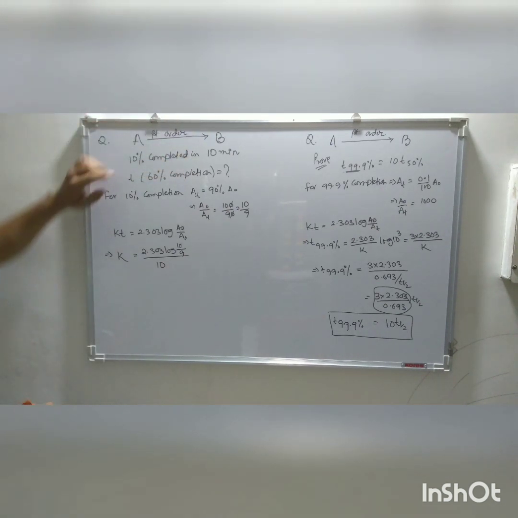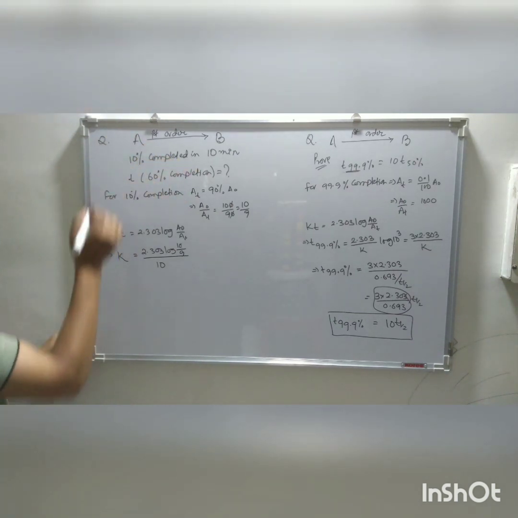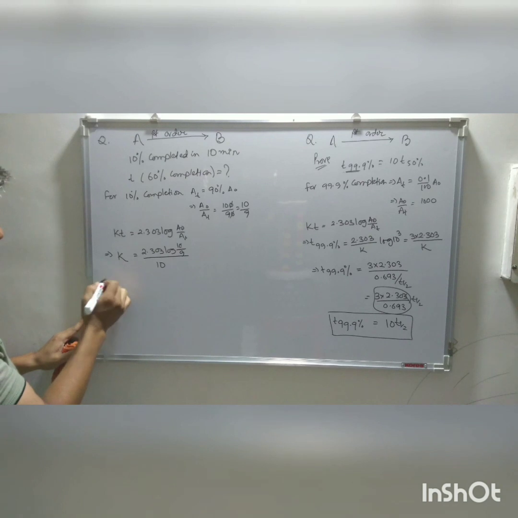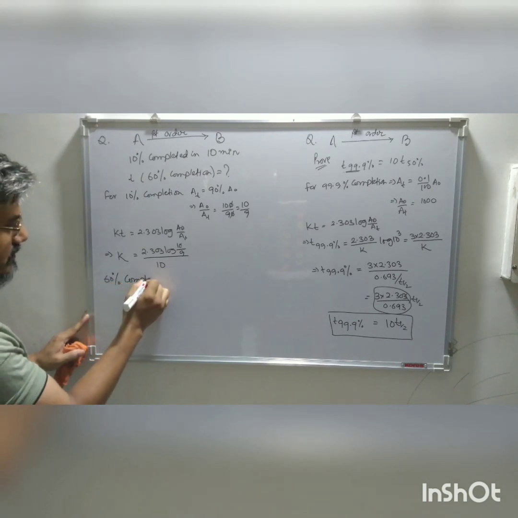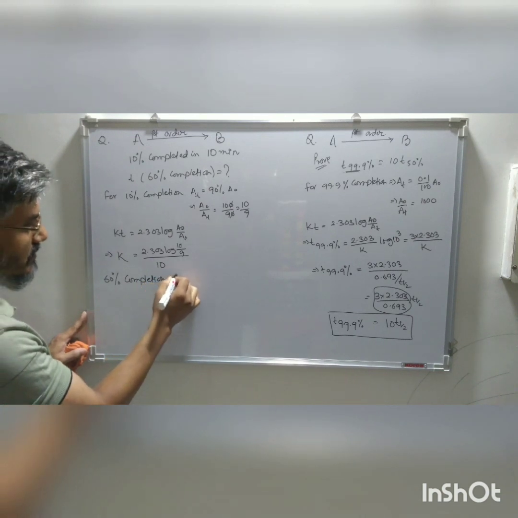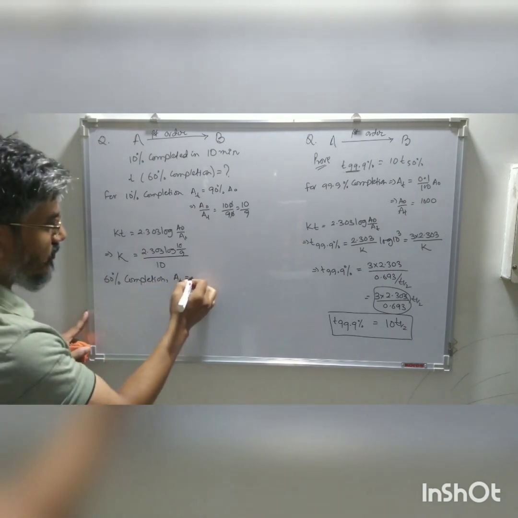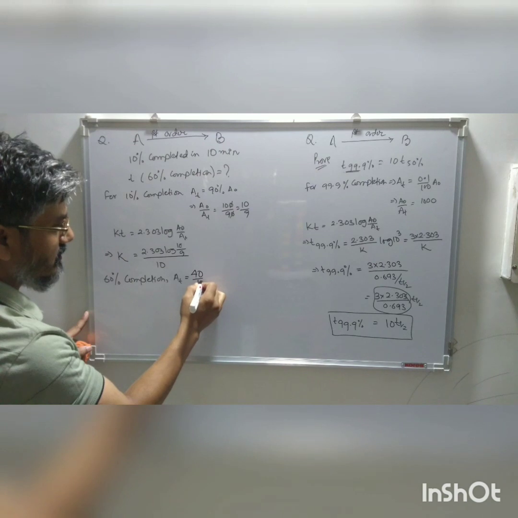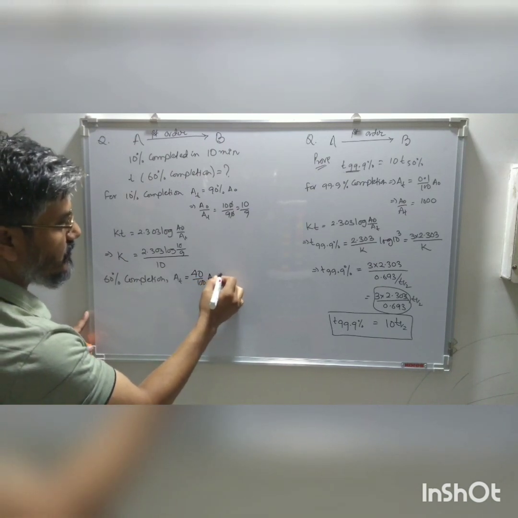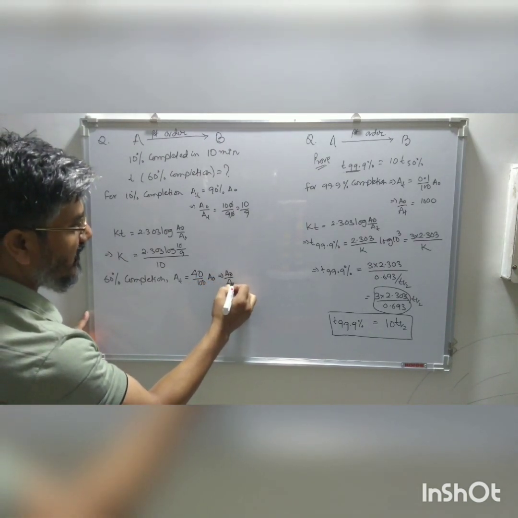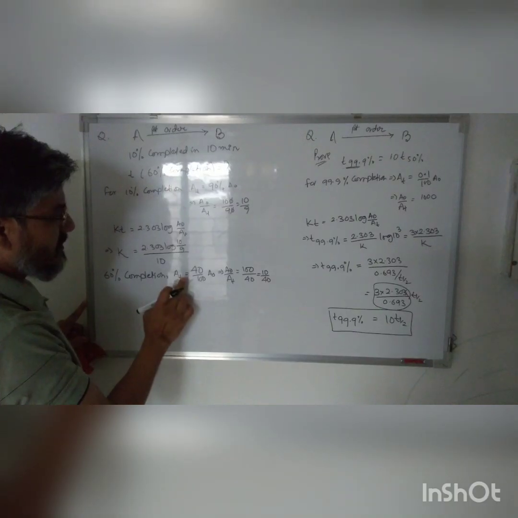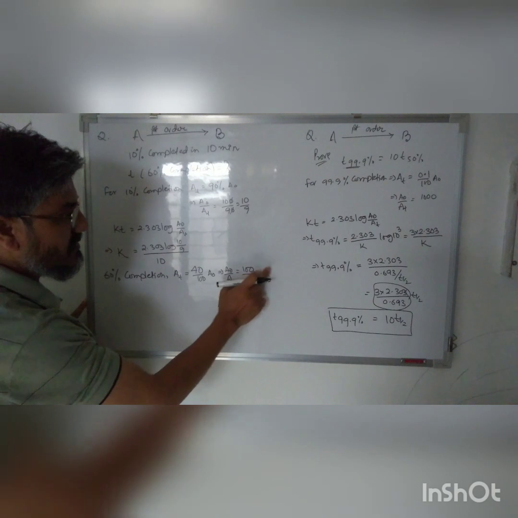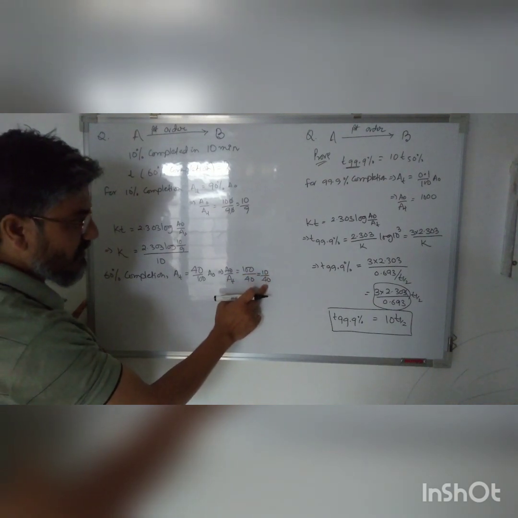Now the question says, what is the time required for 60% completion of this reaction? So for this 60% completion, the amount of A left is 40% of A naught, or simply we say A naught by A is equal to 100 by 40, that is 10 by 4.